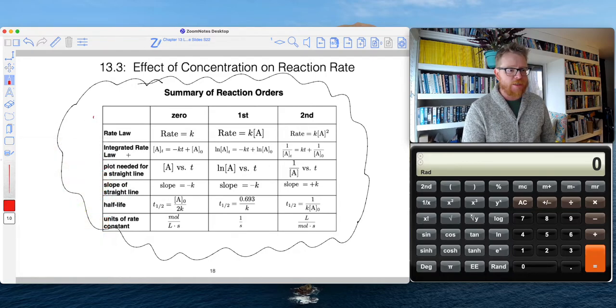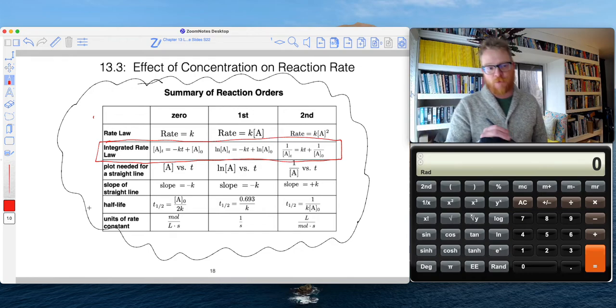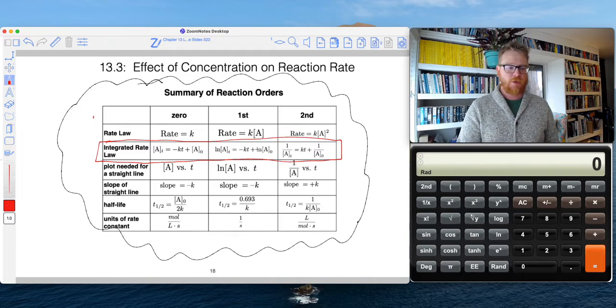Everything that I circle or square off in red, you will be given on an equations sheet, but I'm not necessarily going to tell you which one is zero, first, or second. You've got to recognize that the zero is concentration, the first is natural log of concentration, and the second is 1 over concentration.